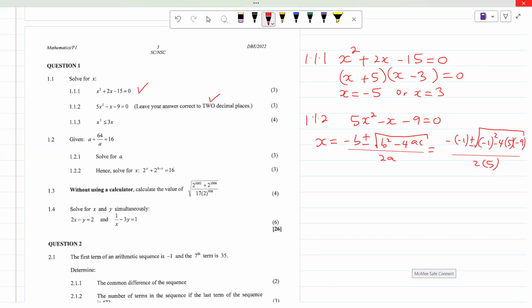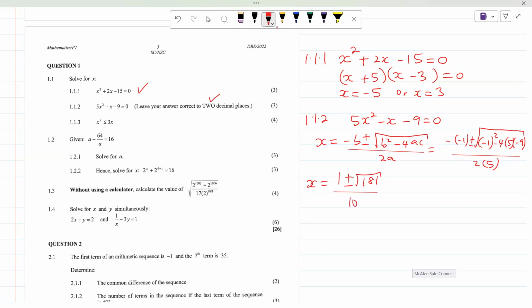From which we're able to see, when we simplify this, that x is equal to 1 plus or minus the square root of 181, and you divide everything by 10, because 2 times 5 is 10.